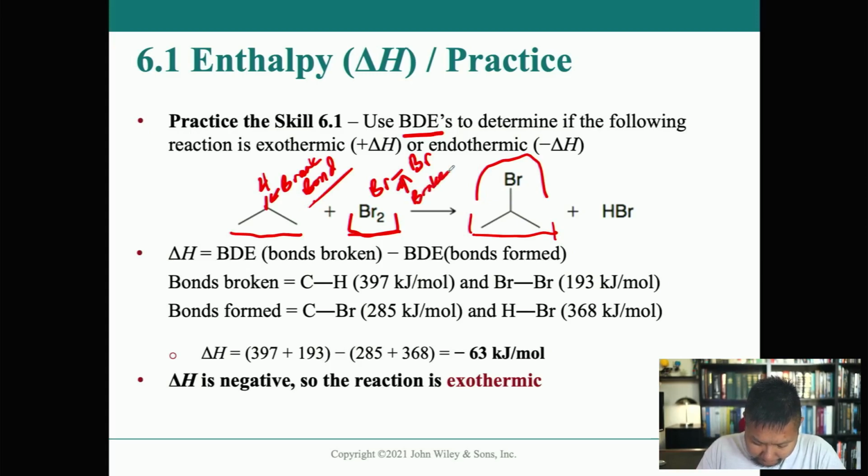And then you have to form a bond between a carbon and a bromine. And you have to form a bond here between a hydrogen and a bromine. All right.